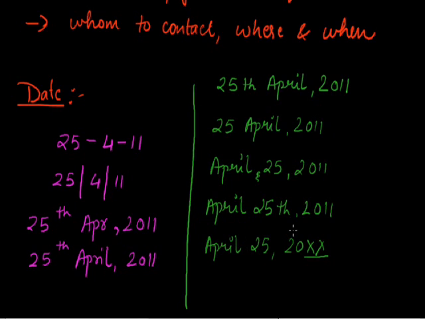Since this is also accepted by CBSE, it is preferable for students to write X in place of the last 2 digits of a year. So these are the different formats in which you can write the date, but the other ones, that is 25-4-11 or 25/4/11 or other ways mentioned below, are not at all accepted by CBSE.